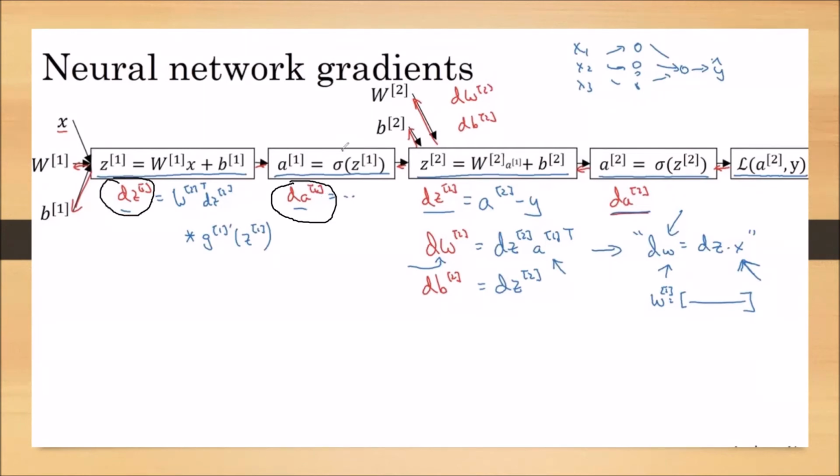Remember, even though we have taken the sigma here, that activation function may be tan h, or it may be a rectified linear unit. That's why we simply write the differentiation using prime: g1 prime of z superscript 1. We are not specifying what this g is. We don't know whether it is a sigmoid function, a tan h function, or a rectified linear unit function.